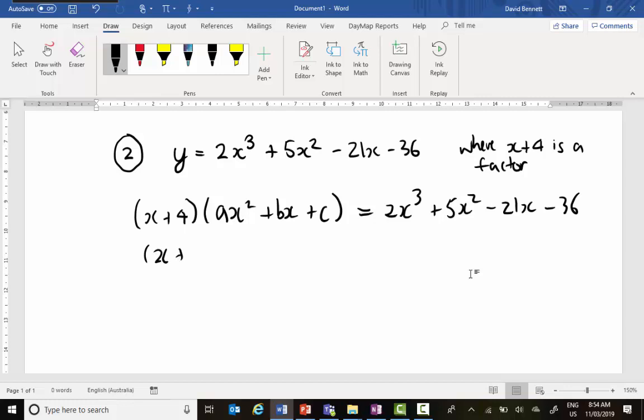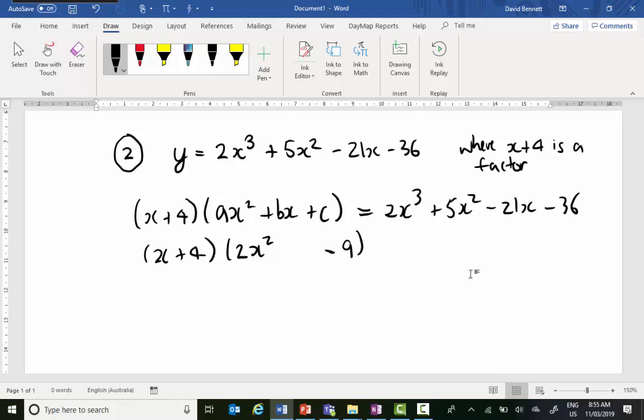So I'll get x plus 4, and this here must be 2x squared. 2x squared times x gives me 2x cubed. Beautiful. What must I times the plus 4 by to get minus 36? Well, that must be minus 9, for that to be the case.